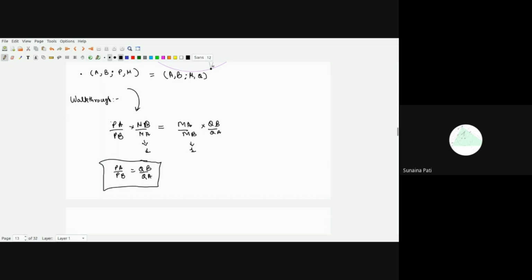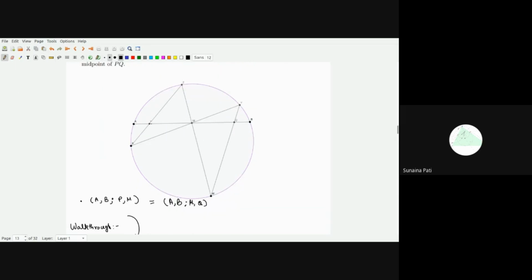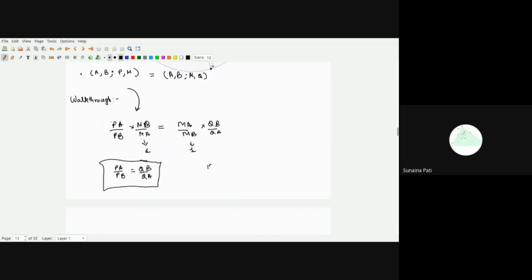Anybody? Okay, so how would you finish it off? You're very close. There's a very famous thing we use in algebraic manipulation, and you can do the same here. What do you want to show? You want to show that M is the midpoint of P and Q. If you show that PA is equal to QB, you would be done. Or if you show that PB is equal to QA, you would be done.